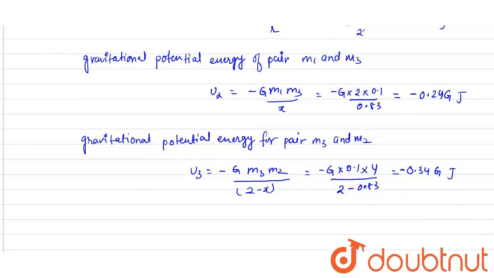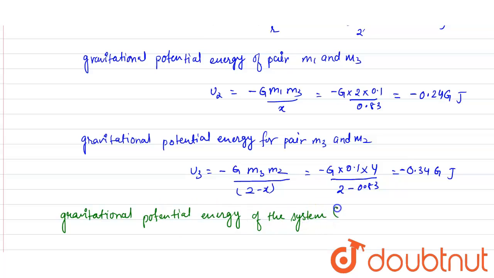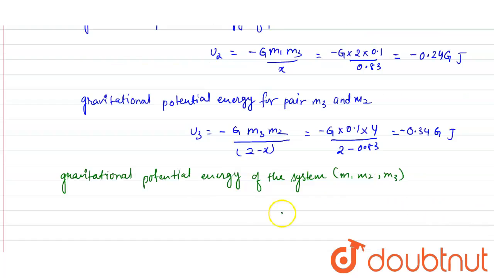So what we can say is the net gravitational potential energy of the system, that is M1, M2 and M3, will be given as U equal to U1 plus U2 plus U3.